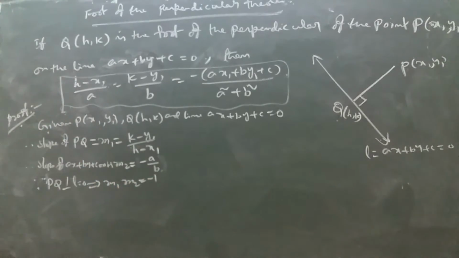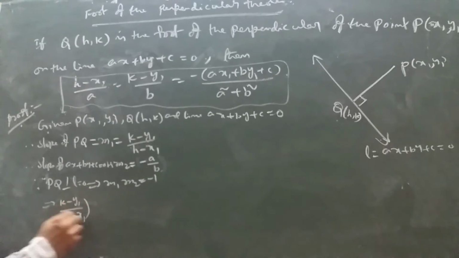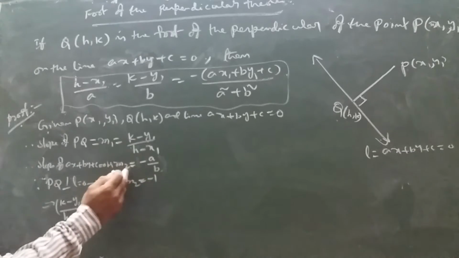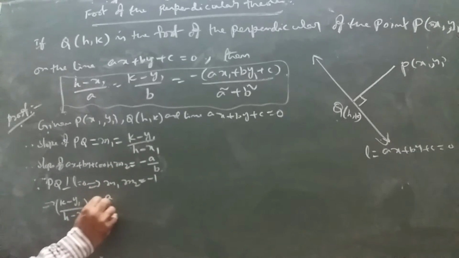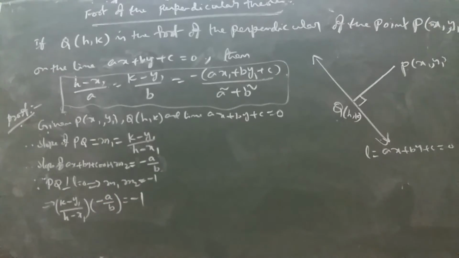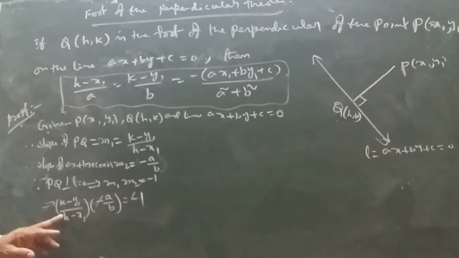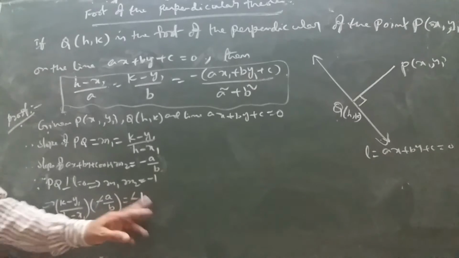By substituting the values of m1 and m2, we get (k - y1)/(h - x1) into (-a/b) is equal to -1. The minus signs cancel, so the remaining is (k - y1)a/((h - x1)b) = 1.